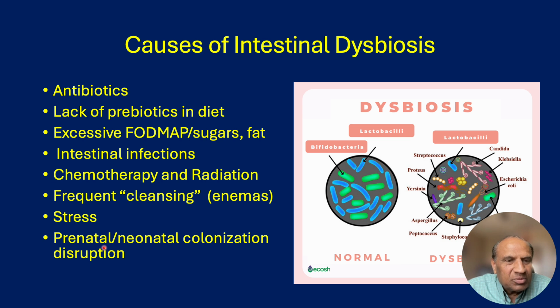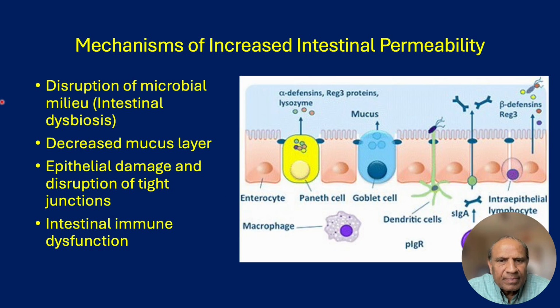During that time, they acquire this bacteria in their intestinal tract. And there may be an abnormal colonization during this birth time. It has been shown that babies born by C-section have very different intestinal microbiota than those who are born vaginally. So this can all affect the intestinal microbiota.